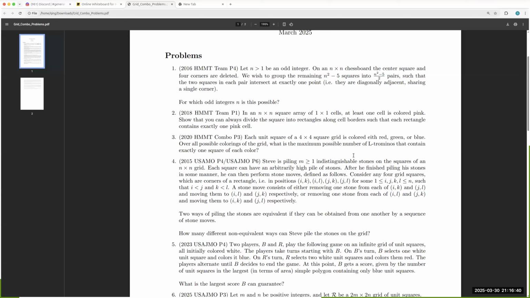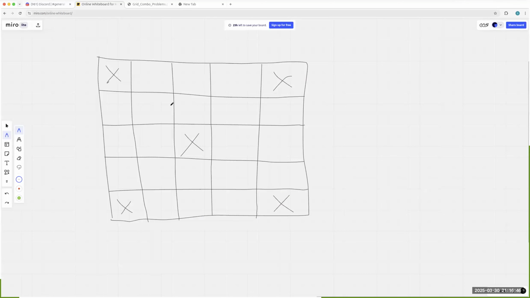And we're going to use somewhat of a similar idea here, where we're going to categorize each of the possible pairs, right? So we're given that we want the diagonally adjacent ones, right? Does anyone notice anything about these sets of two diagonally adjacent squares? I'll draw the other way also.